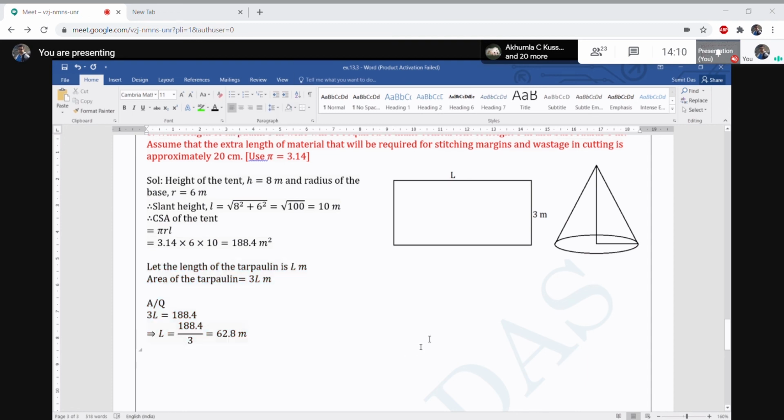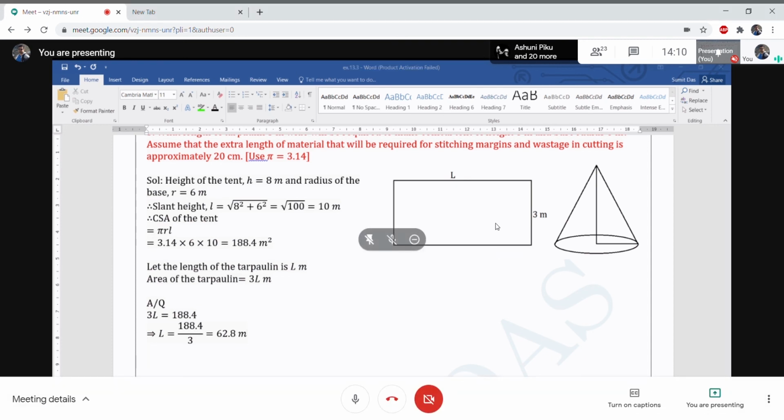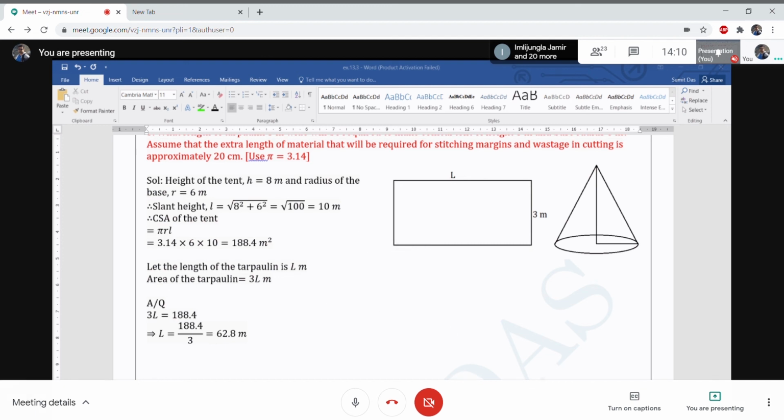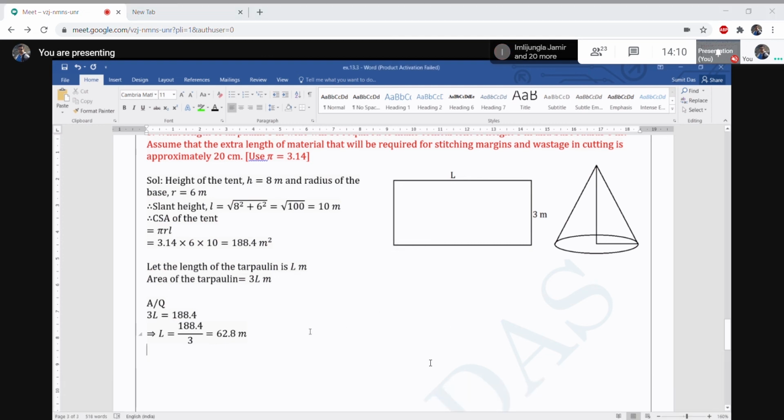Then one more thing, the last line. The last line is saying that the extra length of material required for stitching, margin and wastage in cutting is approximately 20 centimeter. So we have to add 20 centimeter to this length L, because for stitching we need extra length.